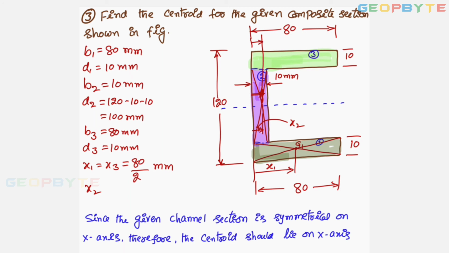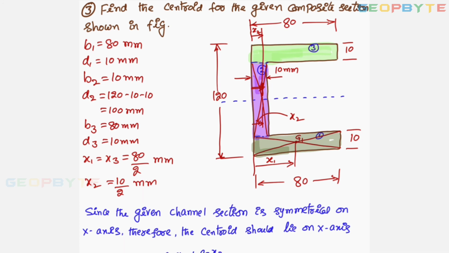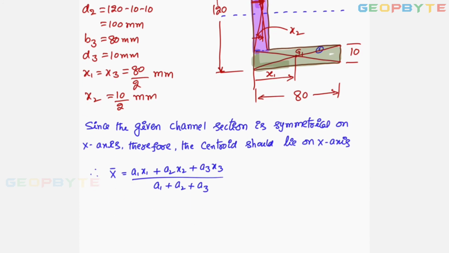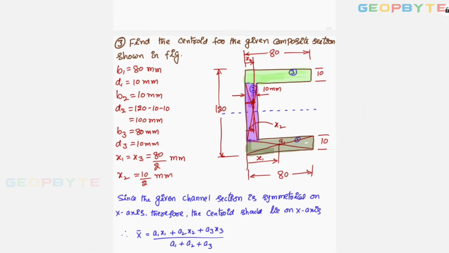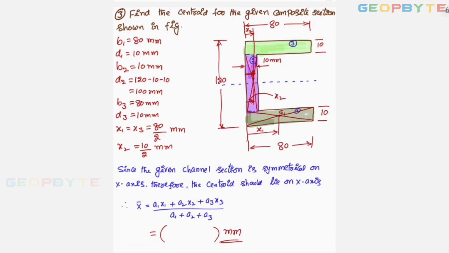That X2 equal to 10 by 2, width of the section 2 divided by 2 mm. Then you put all these values for getting the X bar, it is in mm. That is how you can do the centroid for this particular section.